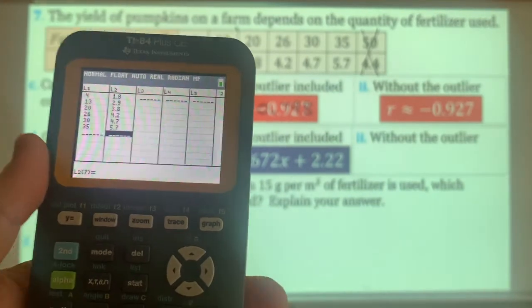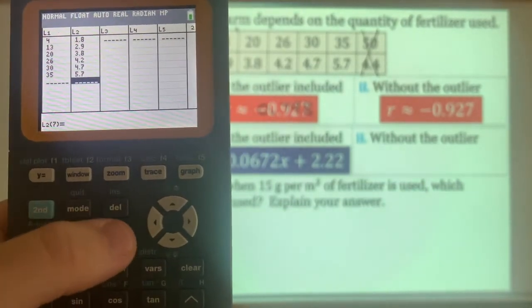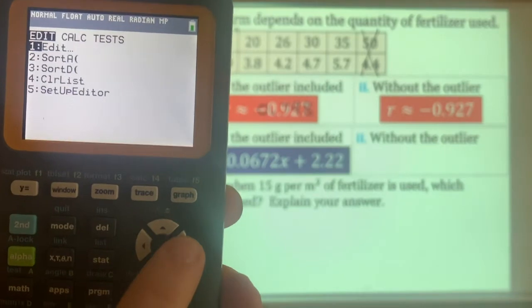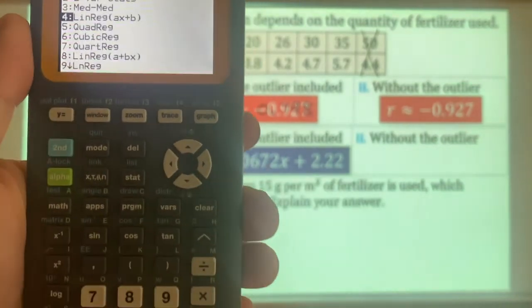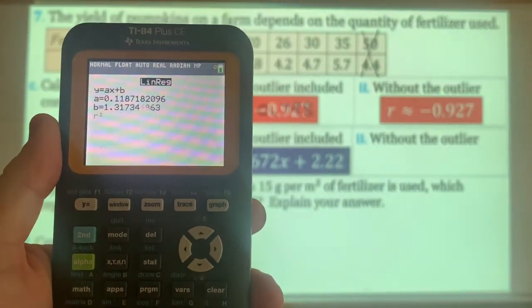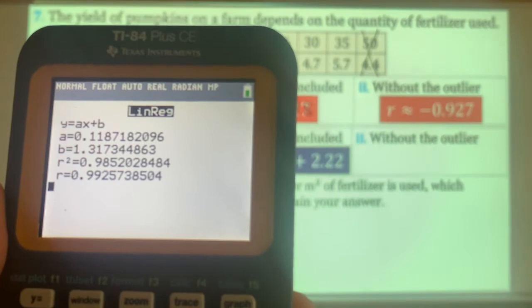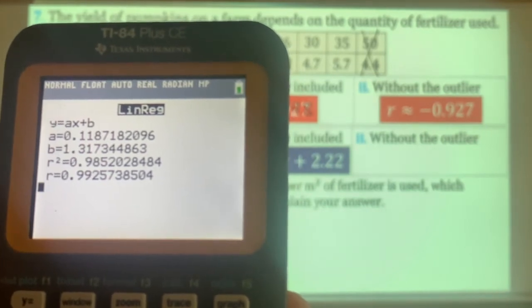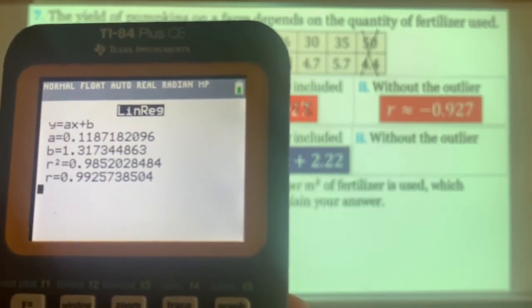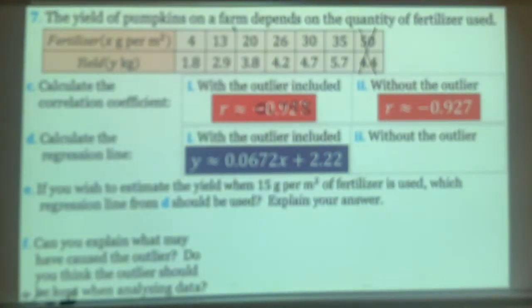Now they're both gone. And now what I'm going to do is I'm going to go back to Stat. I'm going to go back over to Calculate, and I'm going to go back to LinReg. Calculate. And notice, look what happens. Look how much better my regression is now. 0.992. That's almost perfect.